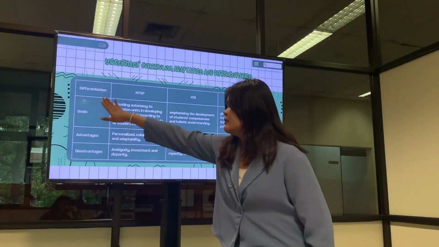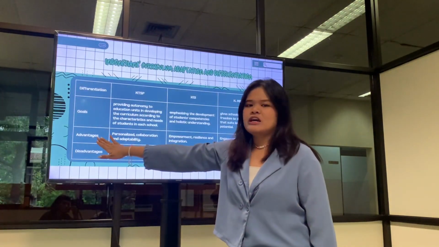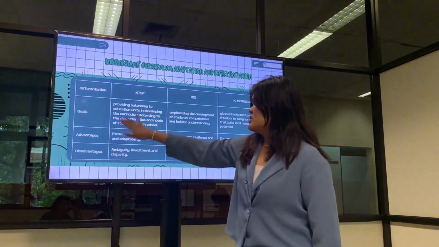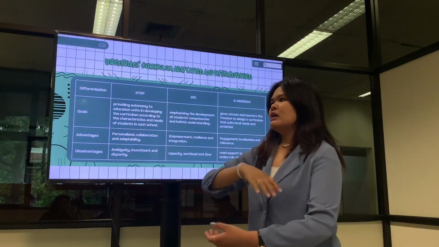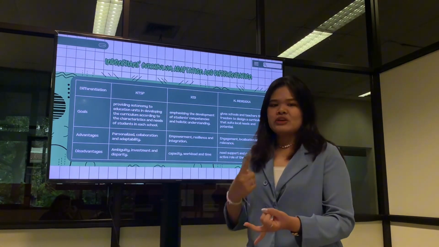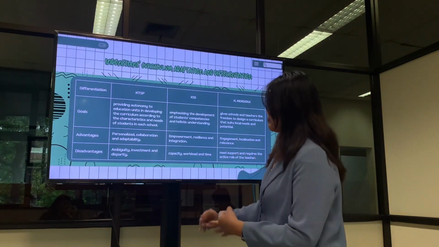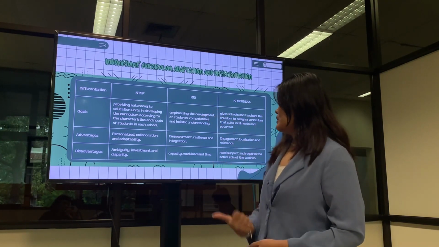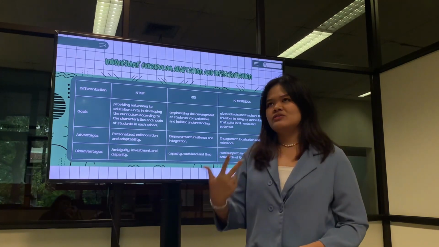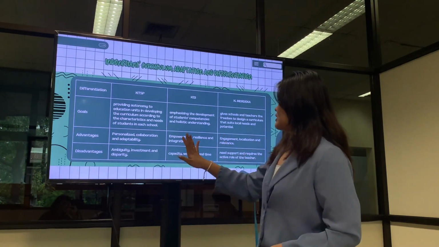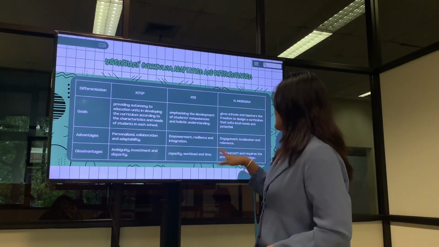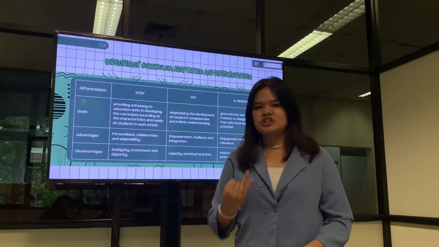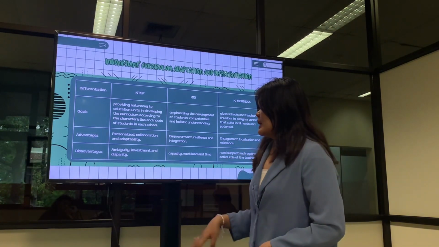Second, the differentiation is about the advantages. The advantages of KTSP are personalized collaboration and adaptability. The advantages of K13 are empowerment, resilience, and integration. The last one, the advantages of Kurikulum Merdeka, are engagement, localization, and relevance.